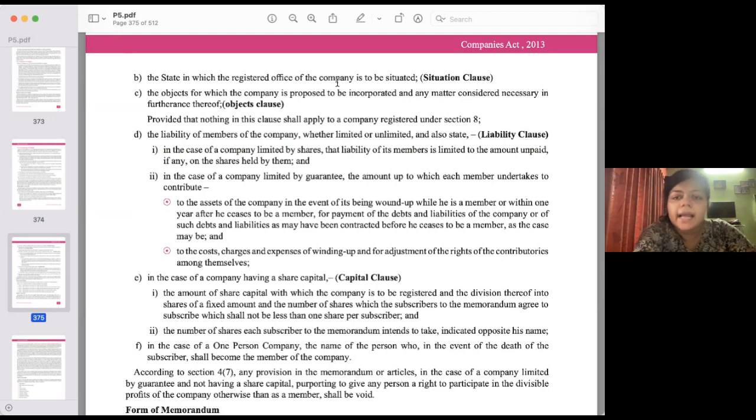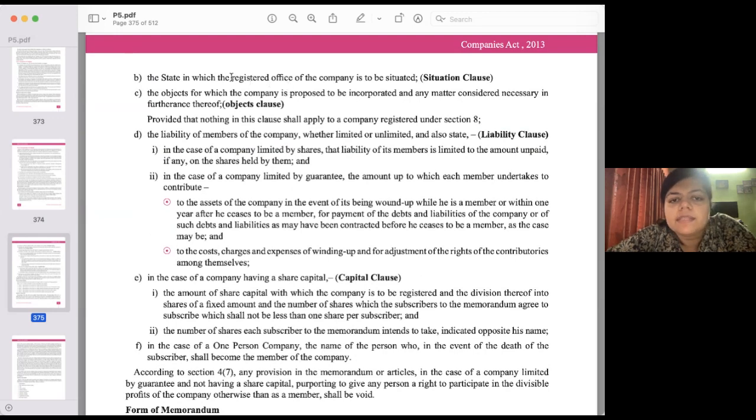The registered office is used for communications with the office of the ROC, the RD, or any other official communications that need to be made.